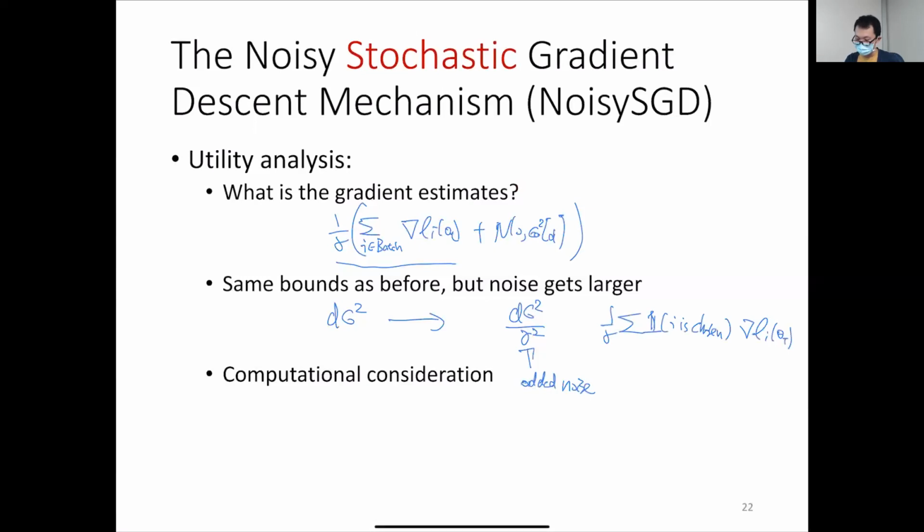We know that the norm is bounded by L, and the indicator is bounded by 1, right? So we can apply Hoeffding's inequality to show that, with high probability, the whole thing is smaller than L over γ times square root of n.